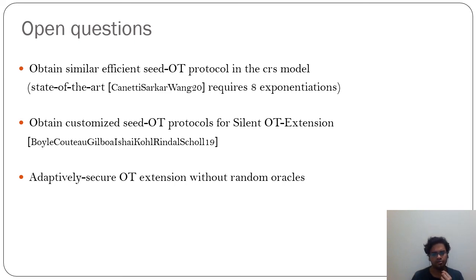Also, it would be interesting to obtain COT protocols which are efficient for the silent OT domain. So we considered only the KOS or IKNP domain. Finally, a theoretical open question is to obtain adaptively secure OT extension protocols which do not rely on random oracles. The currently known protocols are only in the static corruption setting.